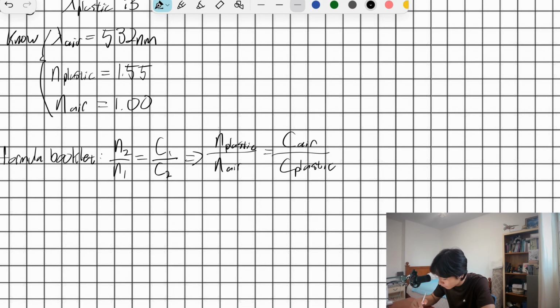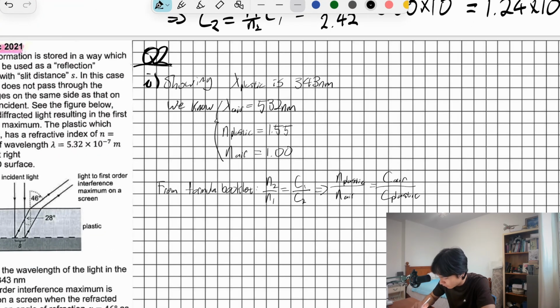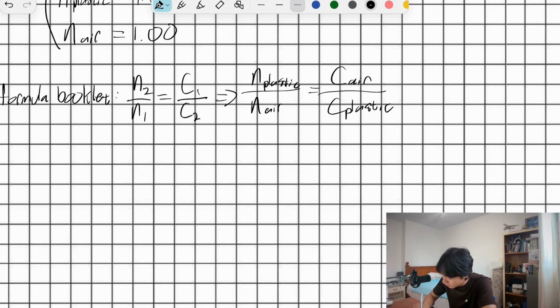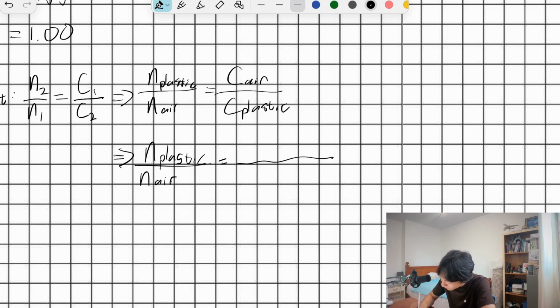However, one problem is that we're given wavelength, but not the speed of light in that medium. So what should we do? We replace c with frequency times lambda: frequency times lambda air and frequency times lambda plastic. And as I told you, frequency is constant for different mediums, so it cancels out.